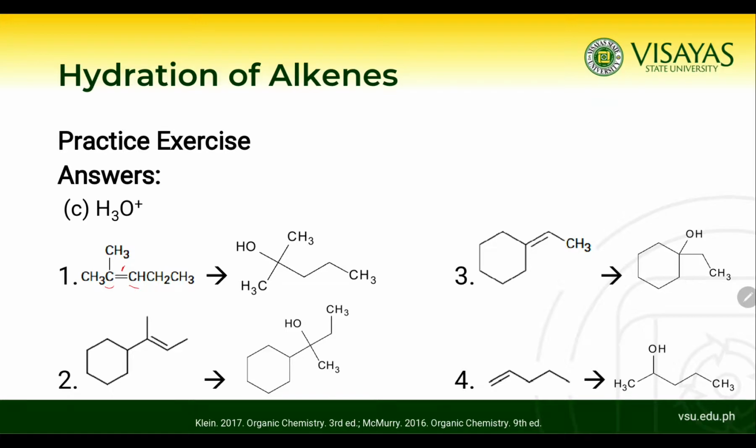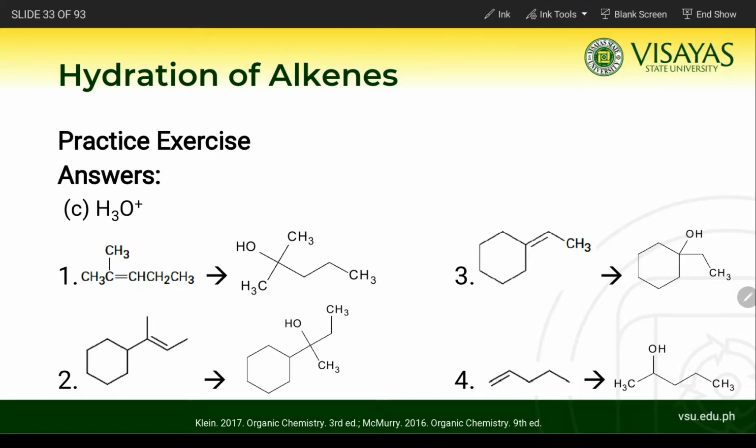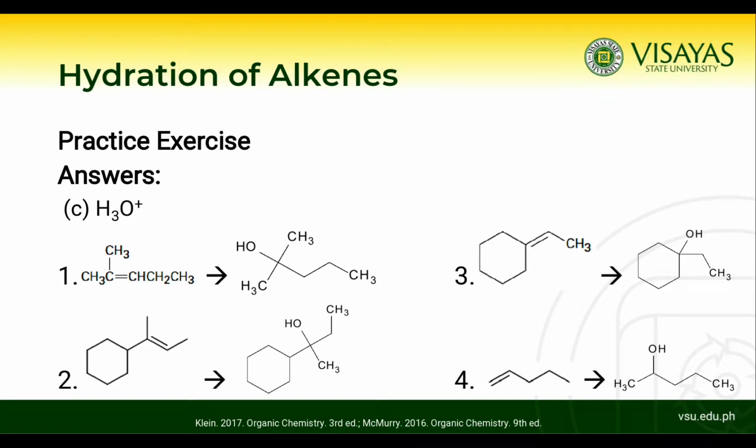So in this case, this is the more substituted carbon. So that is the one that will bear the positive charge. Okay? I will just show the carbocation intermediate for number 1. So that is where our positive charge will go after the pi electron attacks the hydronium ion.